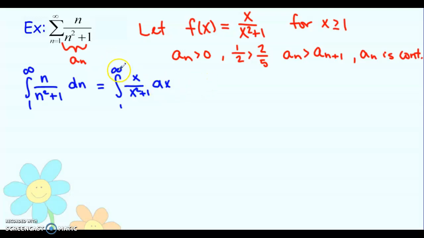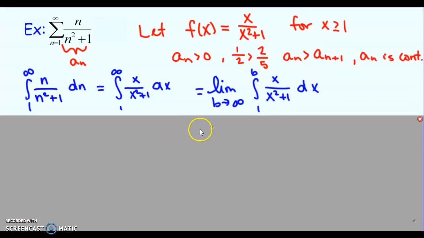So if we have an improper integral, we're going to change this to be a limit as b goes to infinity from 1 to b of x over x squared plus 1 dx. And now we're going to use our integration techniques.